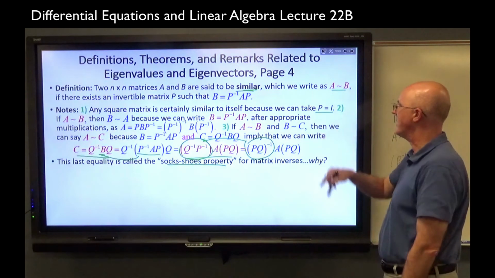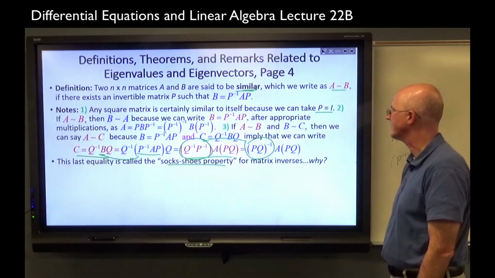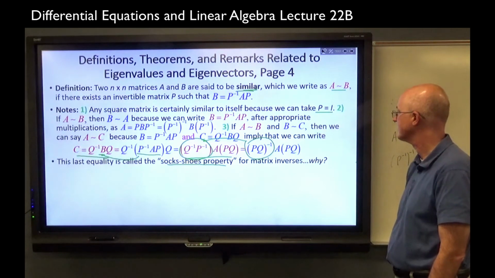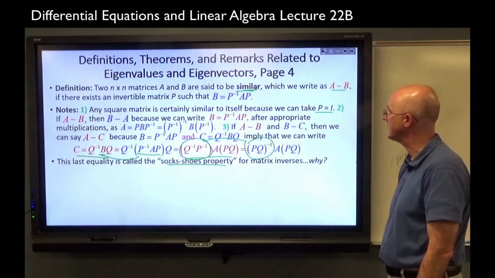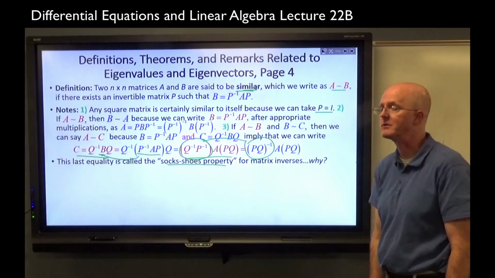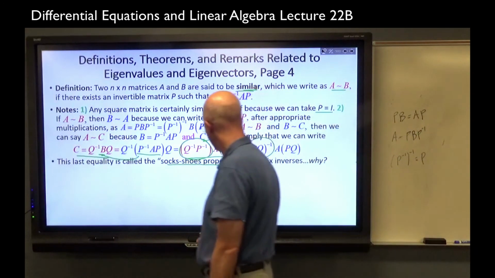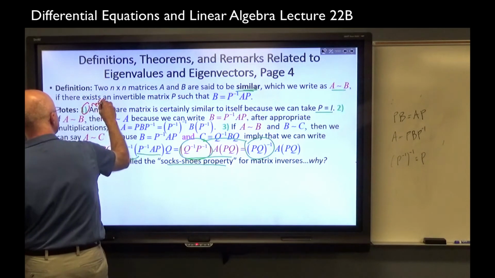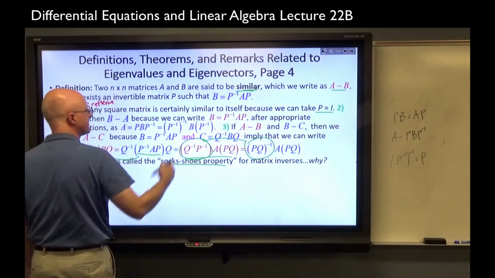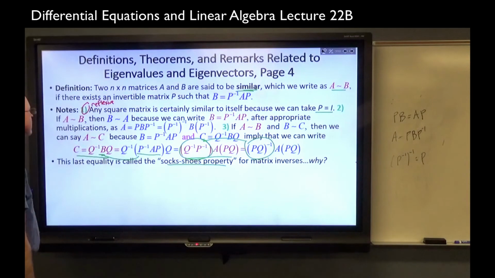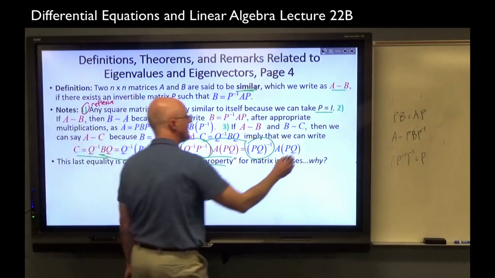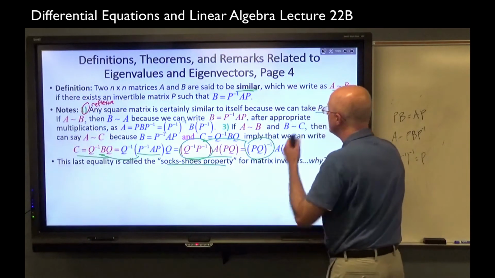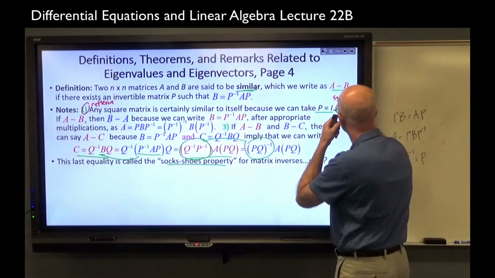By the way, these three properties in this note here have names. And fortunately, I remember those names because they go in alphabetical order. The first property is called the reflexive property. Reflexive says that A is similar to itself. The second property is called the symmetric property.